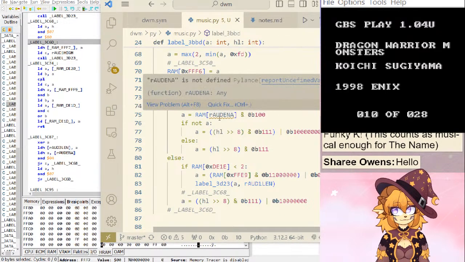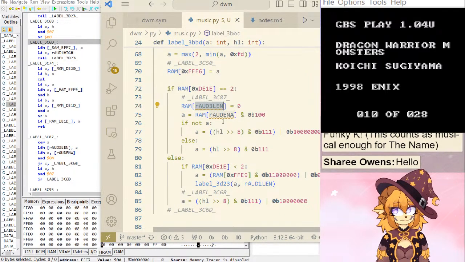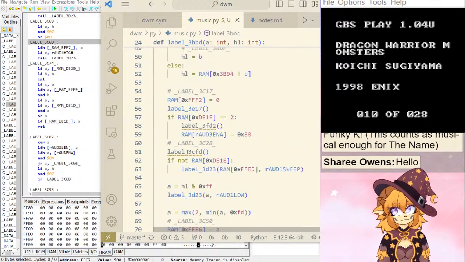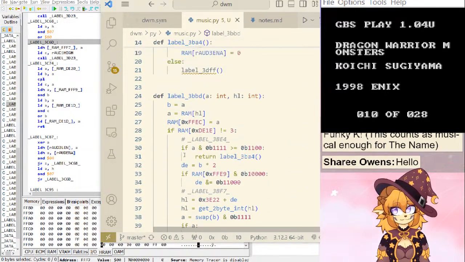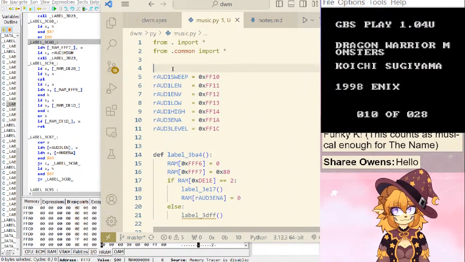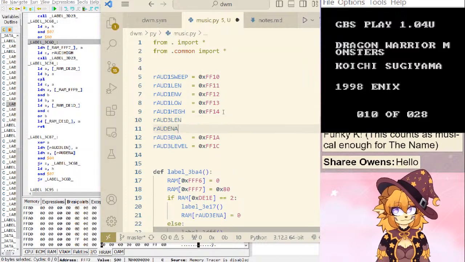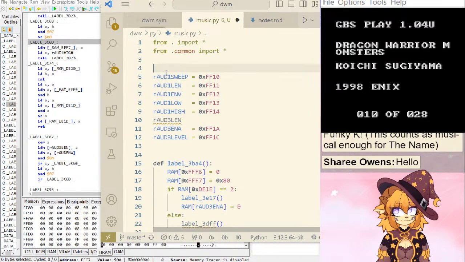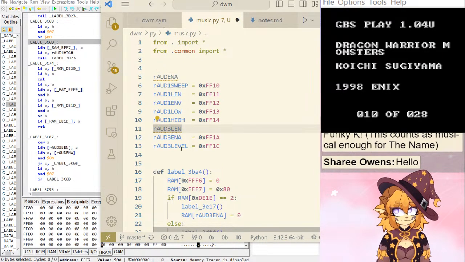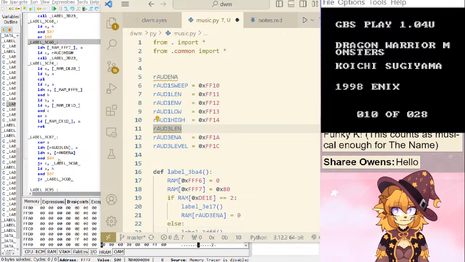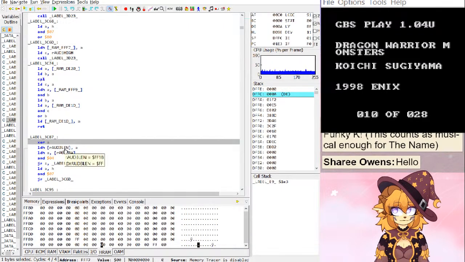That is alt. That's the one I want. FF1E and 26.